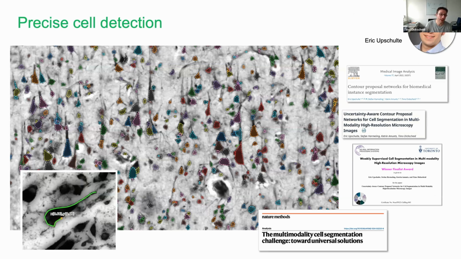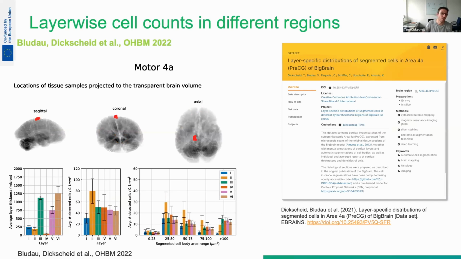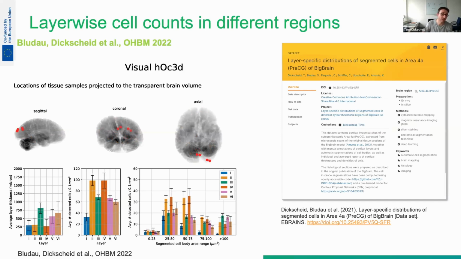So it gives us a quite stable measurement of the cell instances, even if they are overlapping with their particular shapes. And we have used this algorithm on a significant range of brain regions in different image sections to quantify the densities of cells in the different layers.